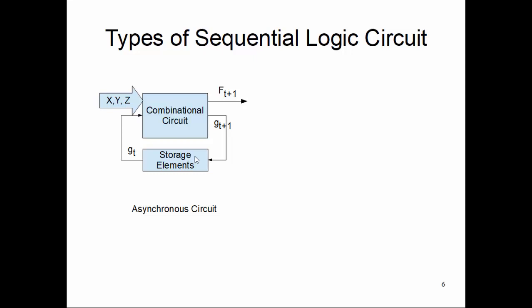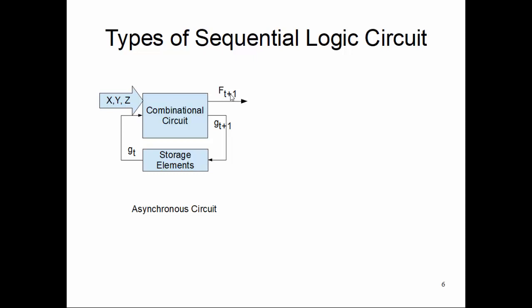But people sometimes design it. It is called an asynchronous circuit, and it can make a sequential logic circuit very fast, with very fast evaluation results, but it is very hard to design.